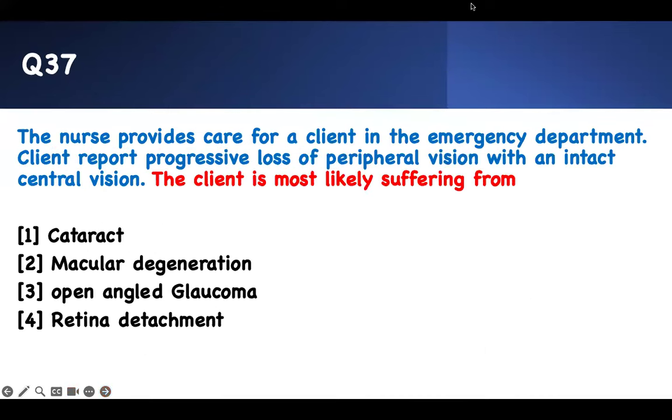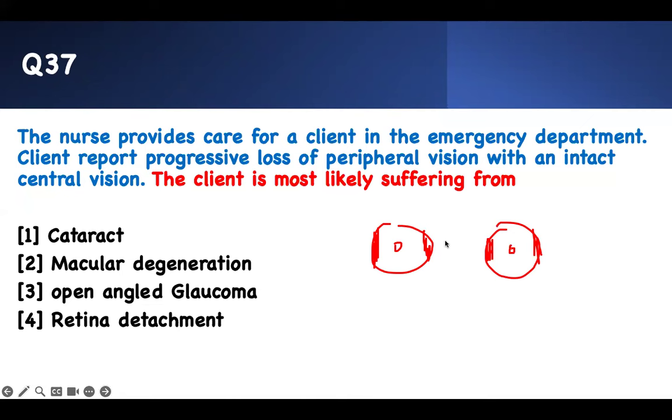Next, a nurse provides care for a client in the emergency department. The client reports progressive loss of peripheral vision with intact central vision. The client is most likely suffering from what? So, test-taking strategy. They cannot see peripherally. I can't see here, but I can see right in the middle.